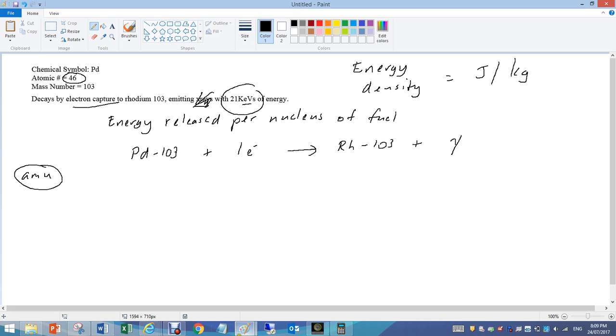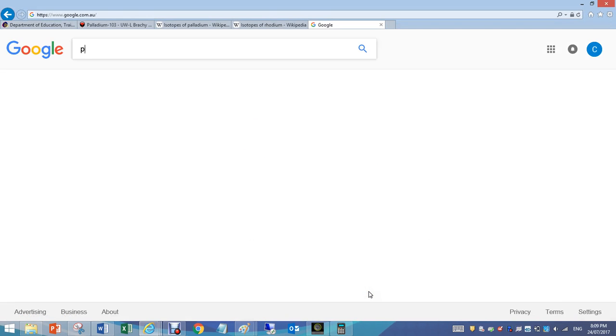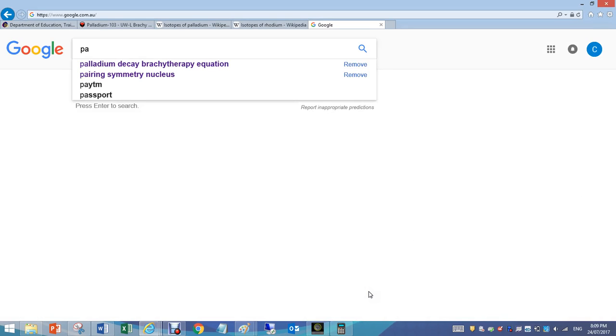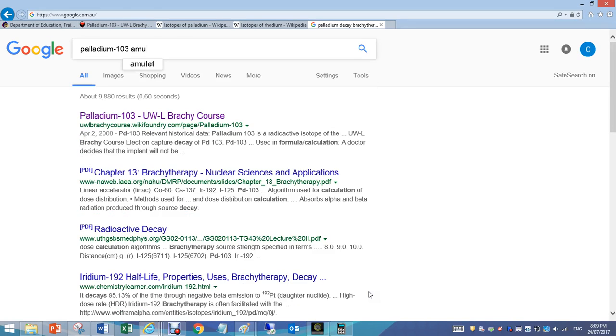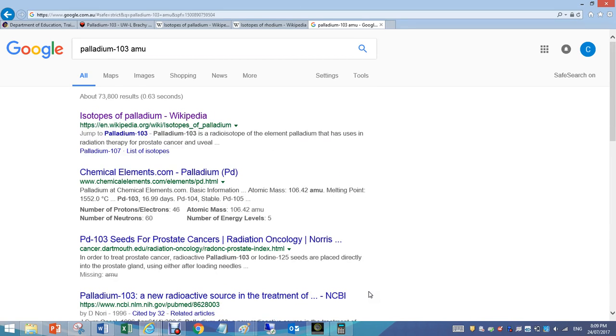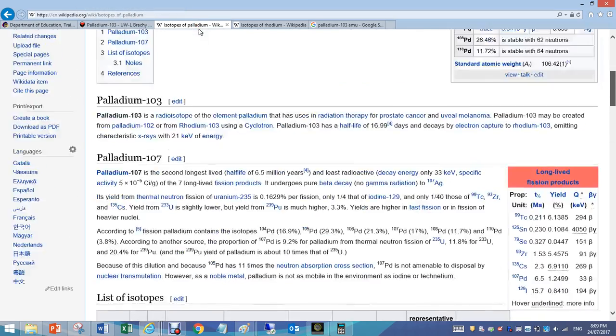So therefore we need to go onto the internet and type in palladium 103 AMUs, and it will come up, and Wikipedia will be fine because it's just a reference value, so you'd assume it's fine. So here's the website that I loaded earlier.